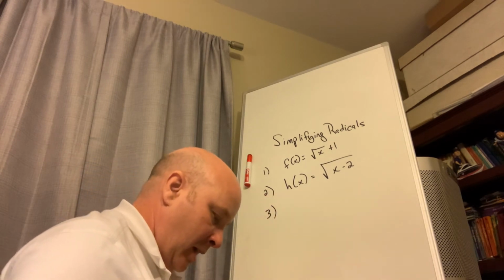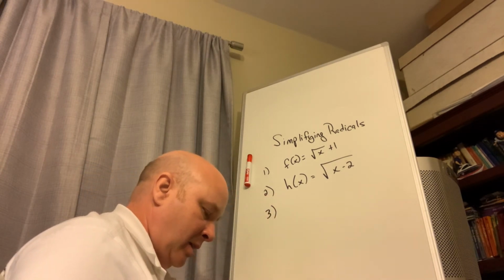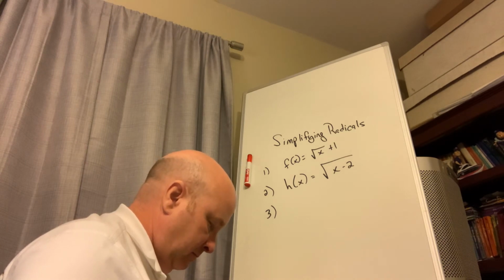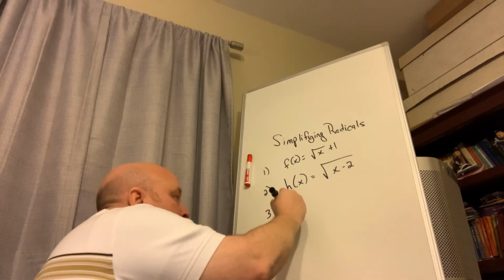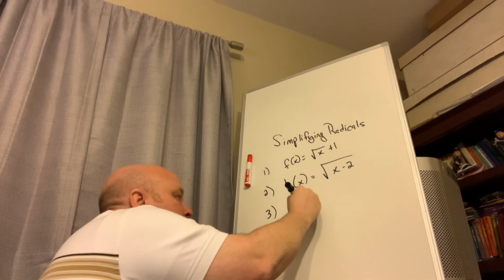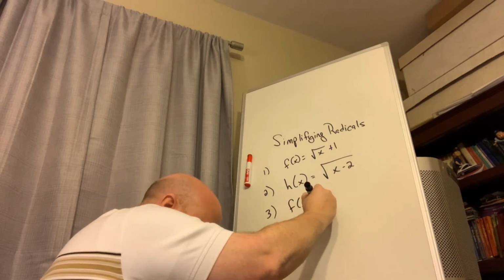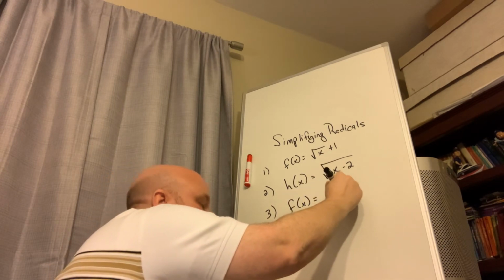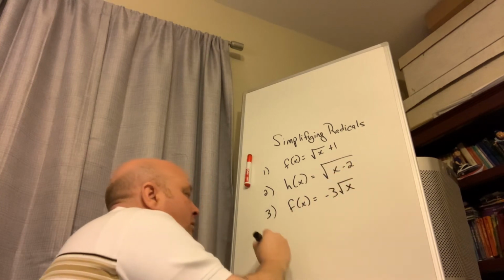Okay, let's do the f of x equals negative 3 times the square root of x.